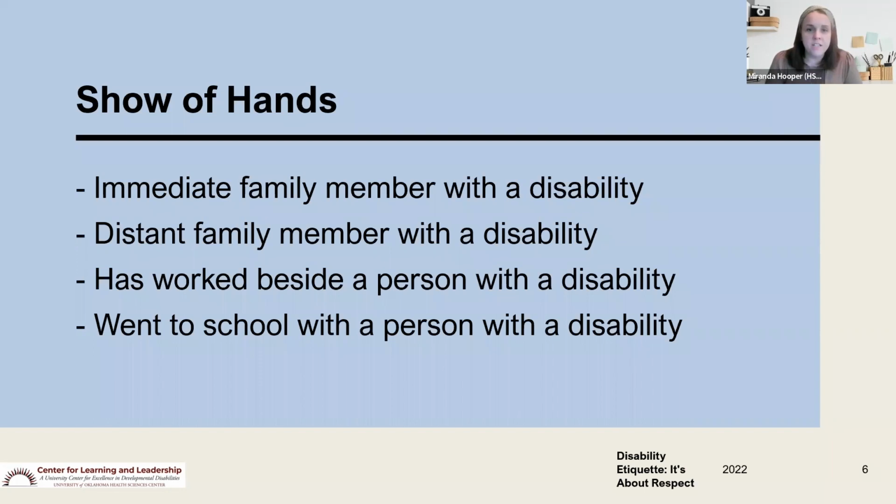It's just to gauge how much you have engaged or been involved with or even interacted with people with disabilities. As we go through this, think about how etiquette and respect was shown to those people, whether it's something you did yourself or something that you witnessed. And we can just get into the training and see what we learn from there.